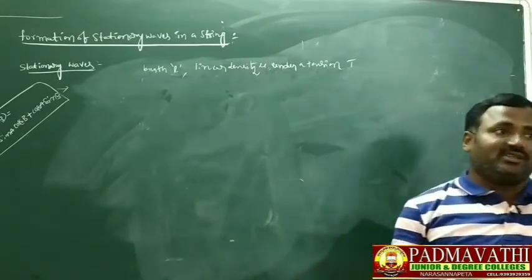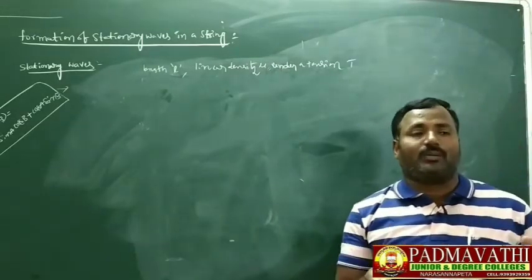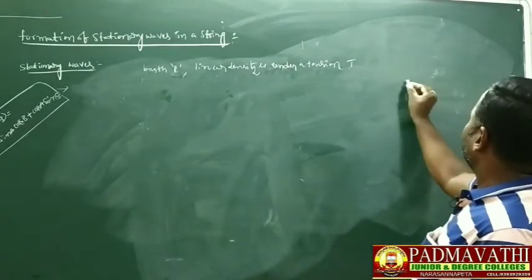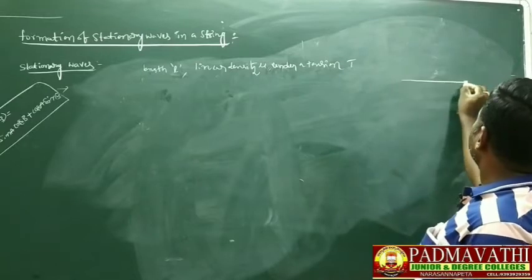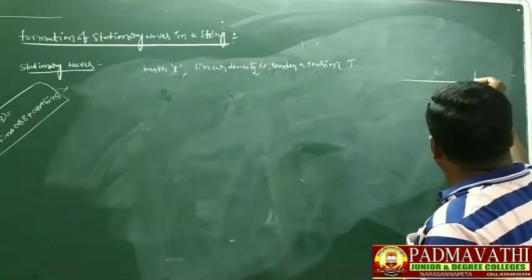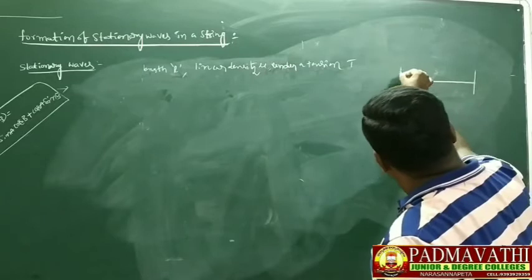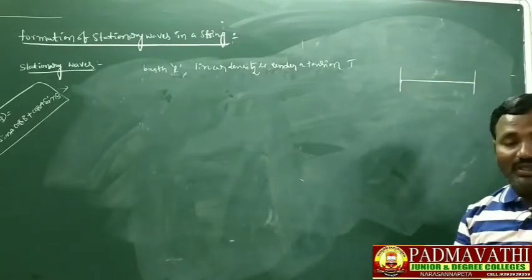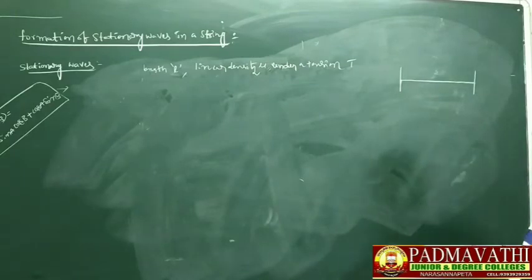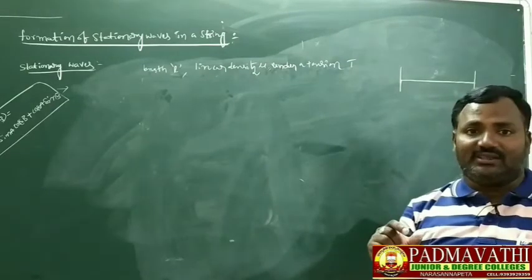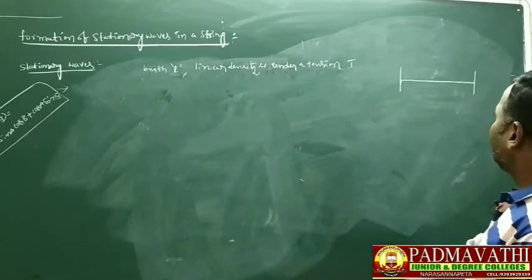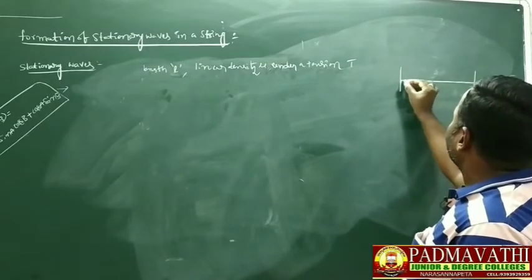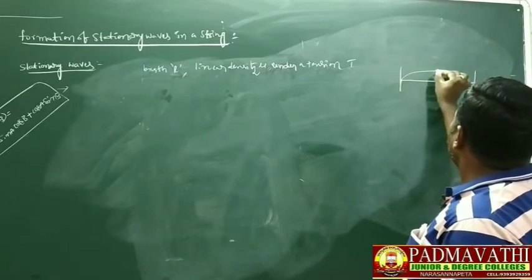Now the string is fitted into some rigid supports. So this is one of the string. The string is fitted into two rigid supports. Now the string is vibrating. The stationary waves are formed.